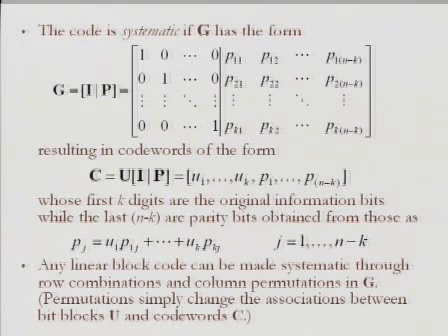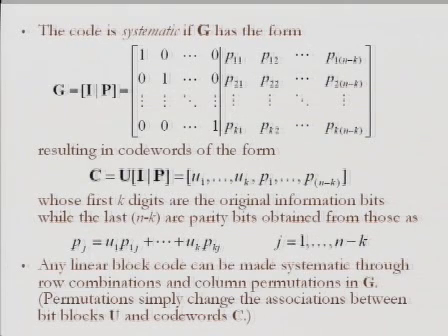So each code word is built by taking first the information bits that you want to send, and then you add some additional bits, which are denoted by P because these are parity bits. So the first k digits are the original information bits, and the last n minus k are parity bits, which are obtained as follows. There are j from 1 to n minus k, so there are n minus k columns here.